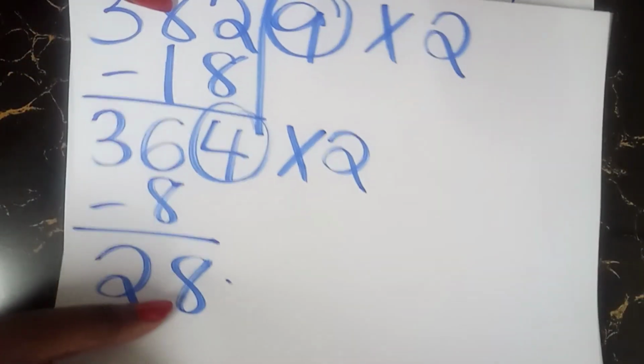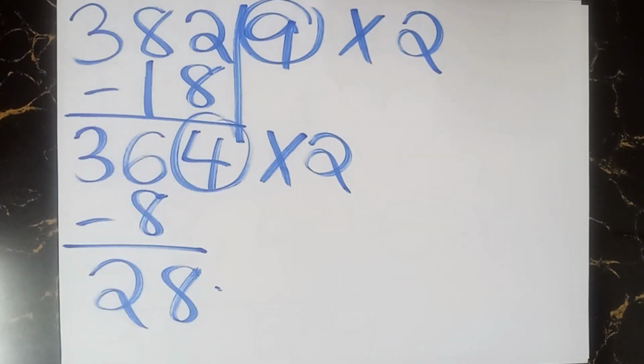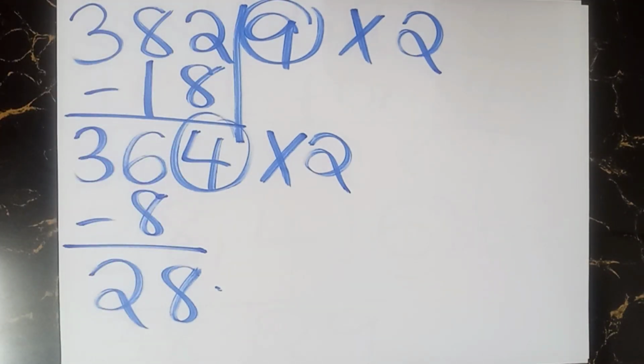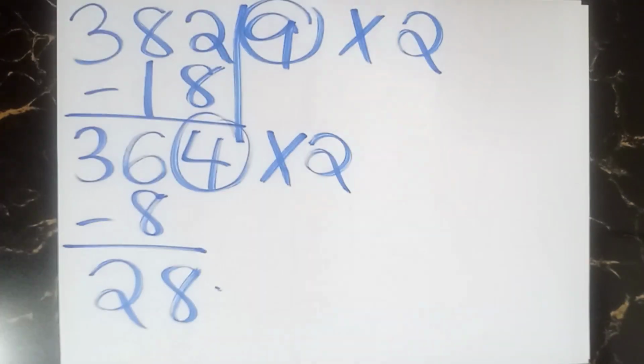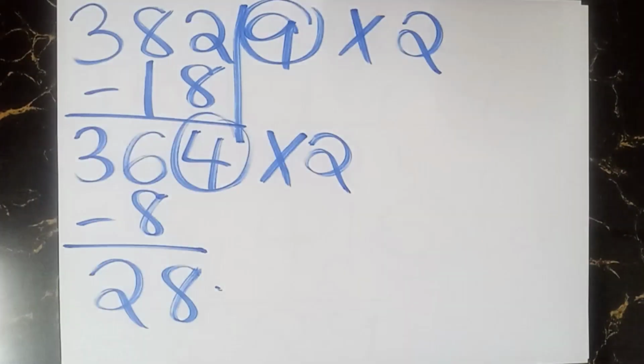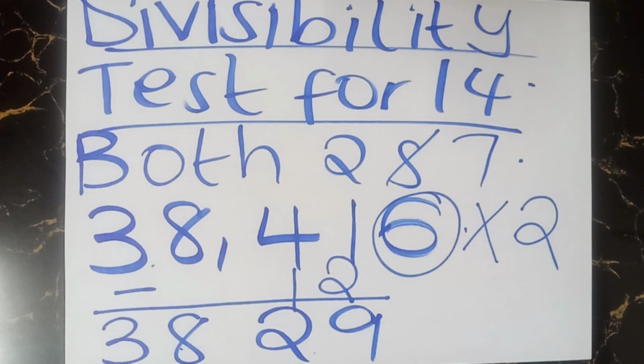We'll follow this same procedure until we get a number that we know for sure is divisible by 7, okay? Is 28 divisible by 7? Yes, 28 is divisible by 7 because you can divide 28 by 7 without getting a remainder, okay? That means we can comfortably conclude that this number here is divisible by 14.